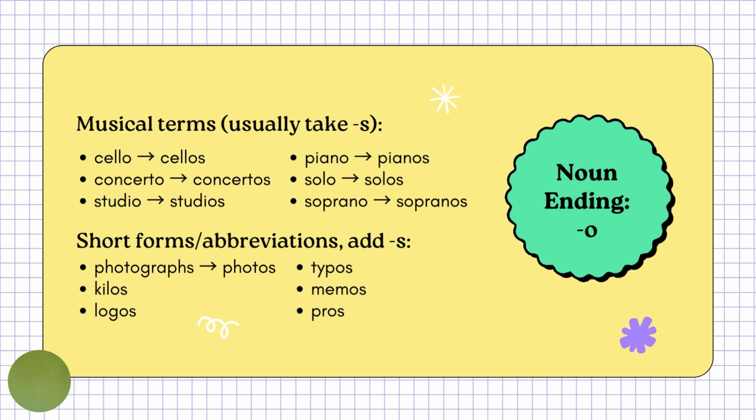Okay, cellos, a concerto, solos, pianos, studios, or if it is some kind of short forms or abbreviation, singkatan, yeah, you just add S, like photographs, photos, kilograms, kilos, logos, typos, memos, pros. That's noun ending with O.